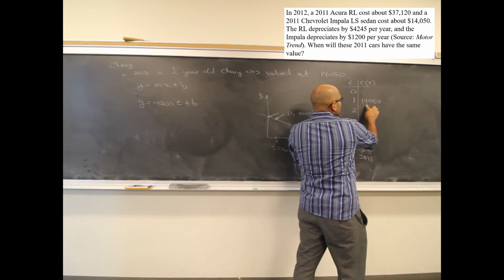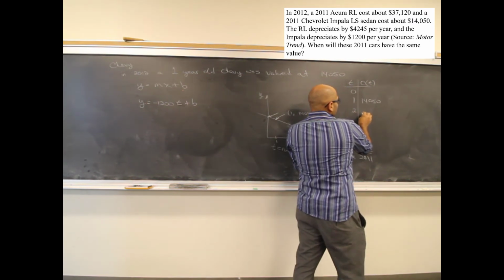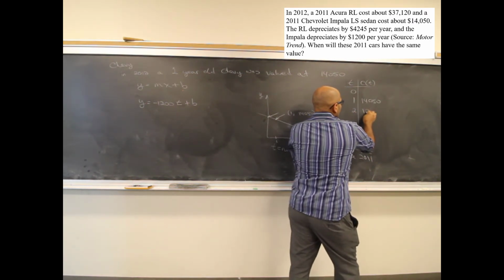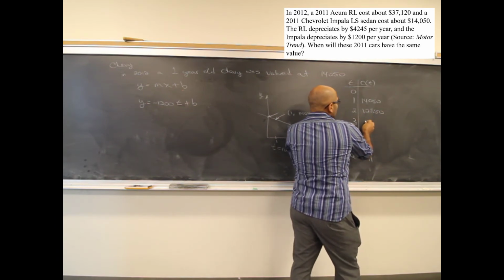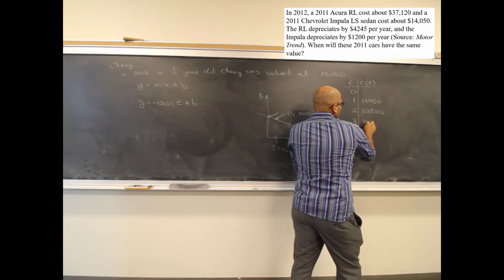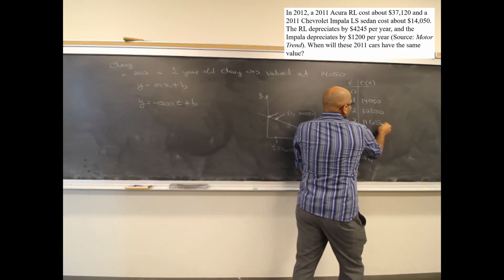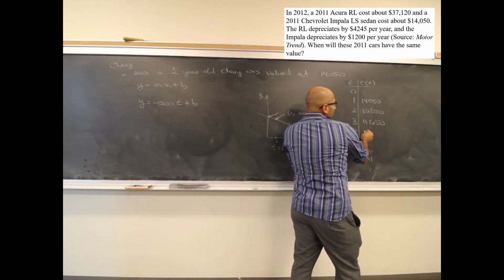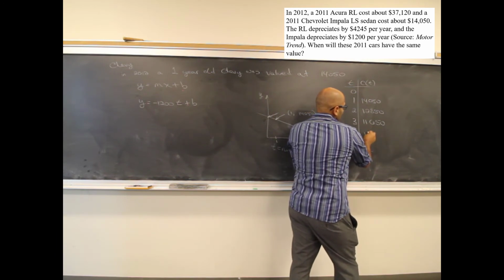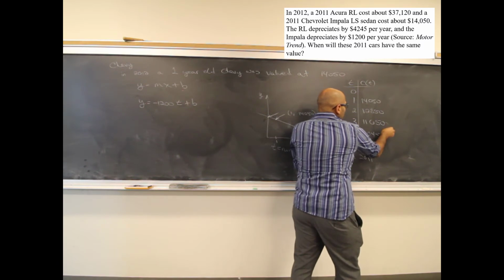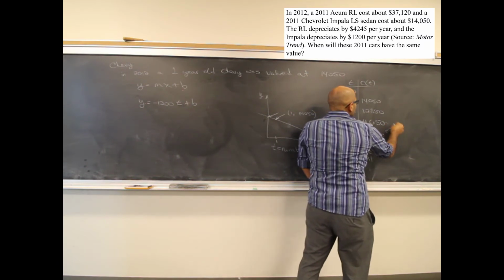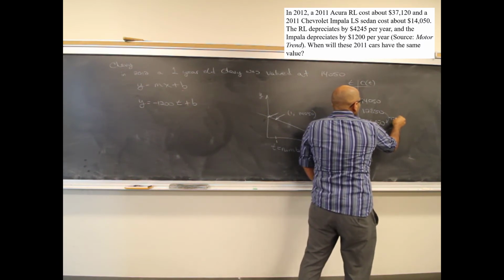So I know that the next year it's going to be worth what? 12,850. Good. And I know that the year after that will be equal to what? 11,650. Right? And I know the year after that will be equal to 10,450. Right? It's consistent. Every single year it drops by $1,200.